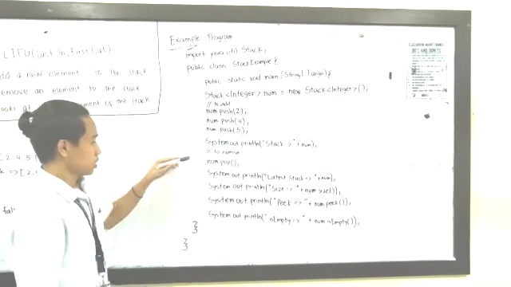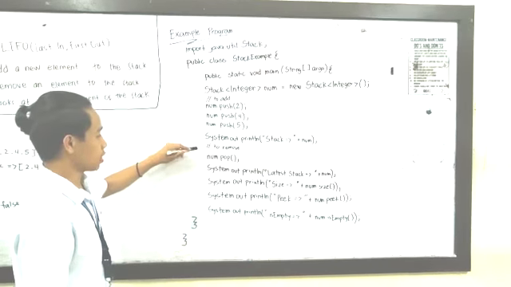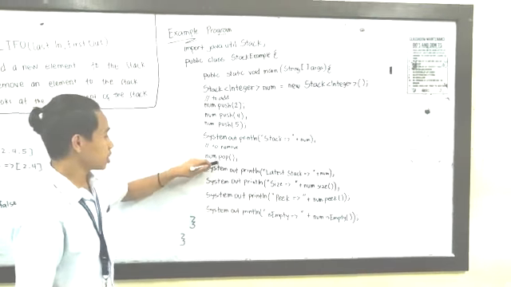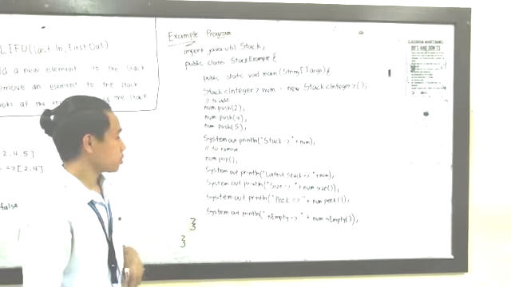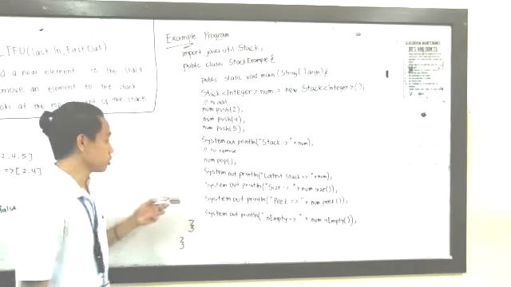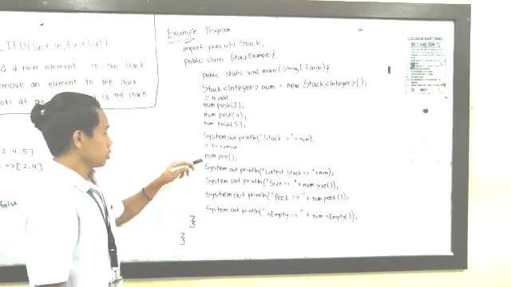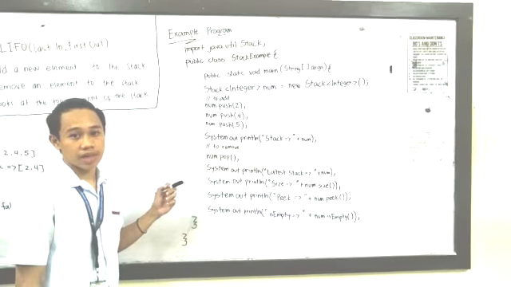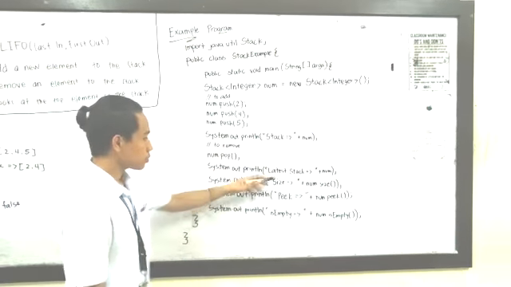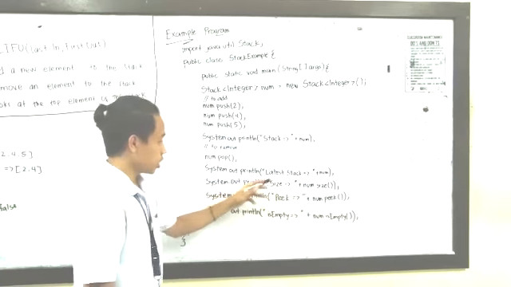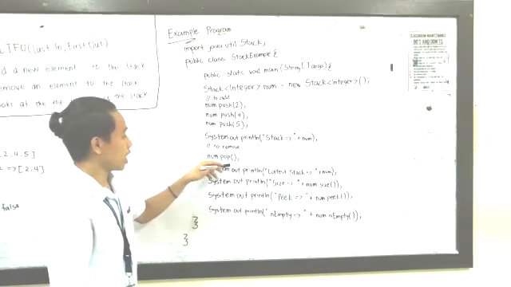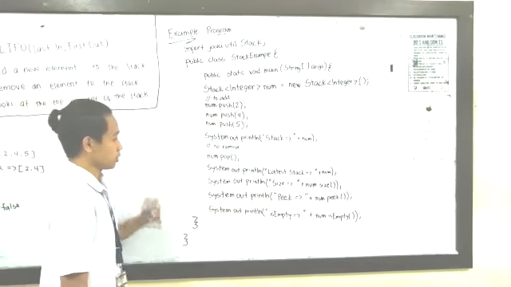Then to remove elements in this program, we just type num.pop, then open and close parentheses. In the LIFO concept, you're going to pop the last one that you entered. So System.out.println again, Latest Stack, because as you can see, we popped an element in the previous stack.